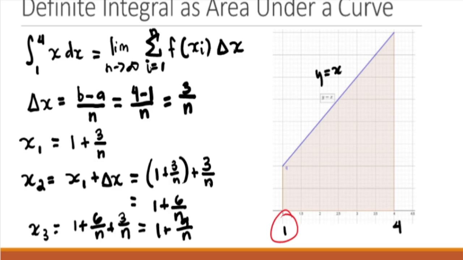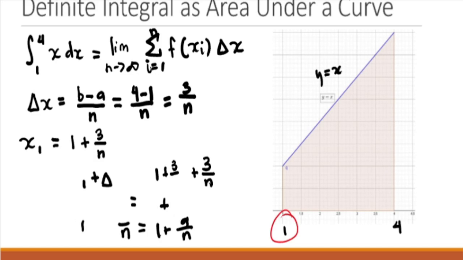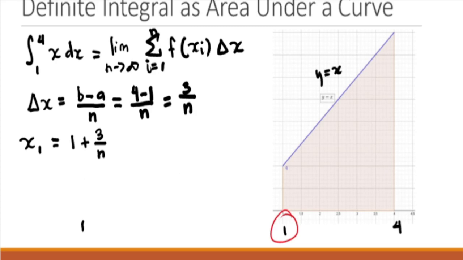So hopefully we see the pattern here. We can generalize this as, let's just erase this to make space, x sub i equals 1 plus 3 over n times i.